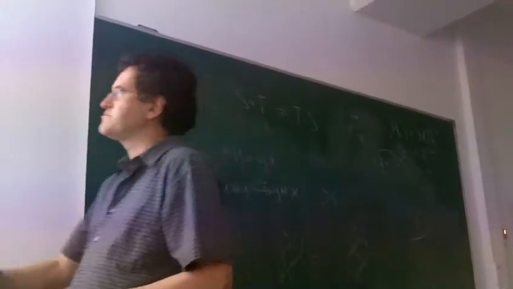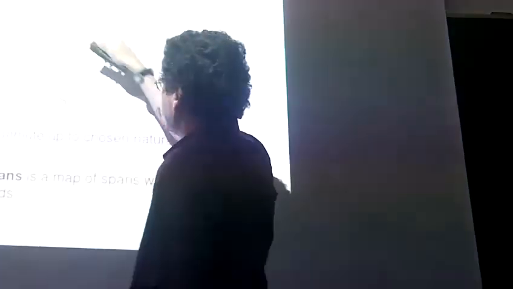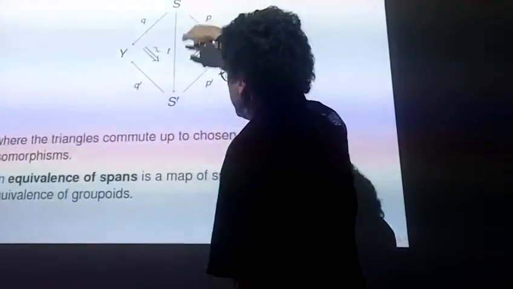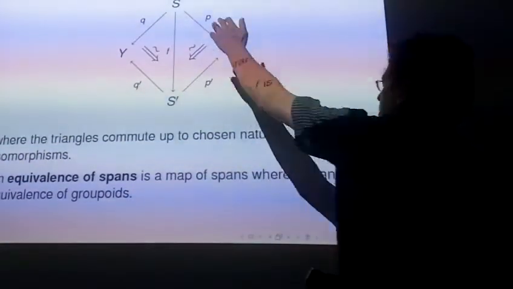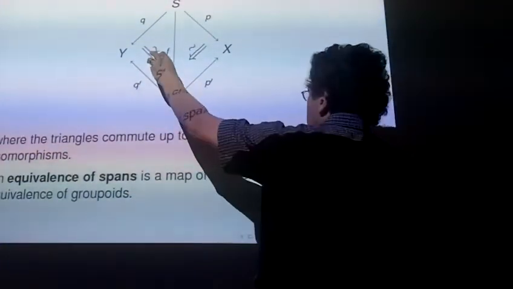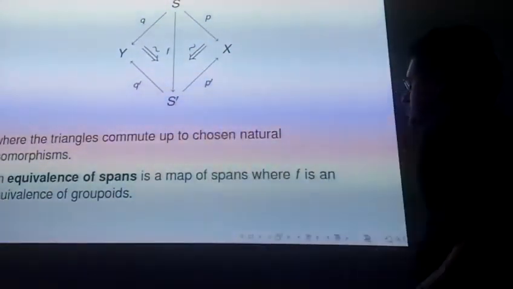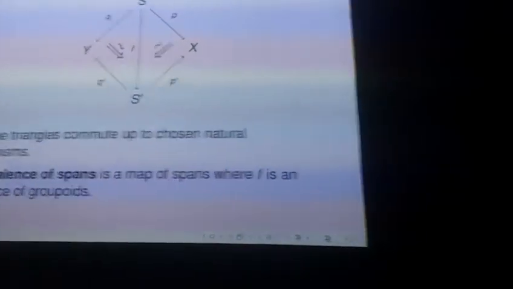And then there is such a thing as maps of spans. If I have a span and another span from X to Y, a map of spans is a functor from S to S prime that makes these triangles commute up to some chosen natural isomorphisms.